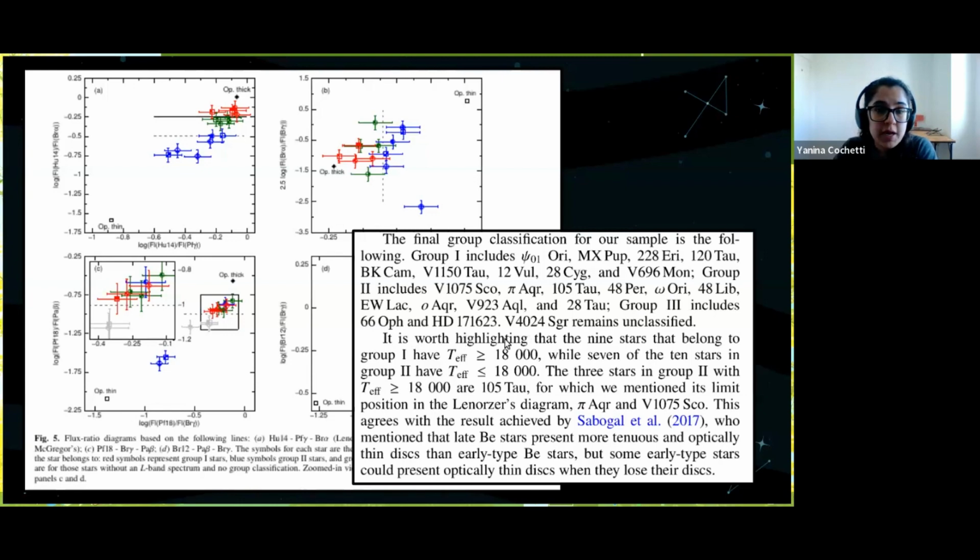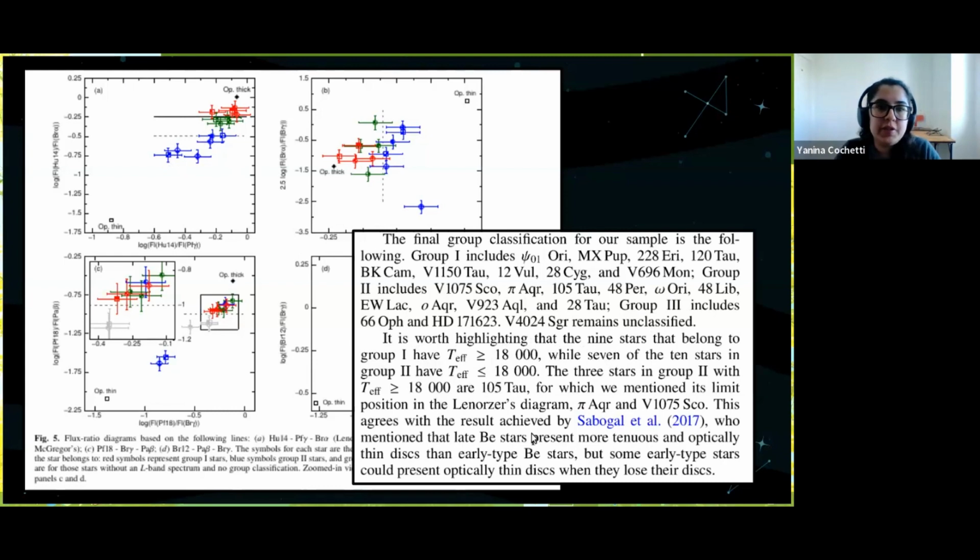It is worth highlighting that the 9 stars that we put in group 1 have temperatures higher than 18,000, while 7 of the 10 stars in group 2 have temperatures below this value. One of these is the star that I mentioned that was just at the limit in the Lorentz diagram.